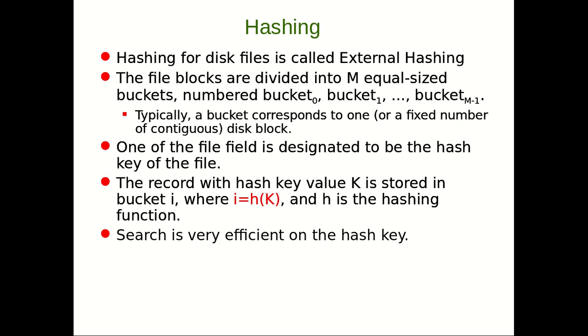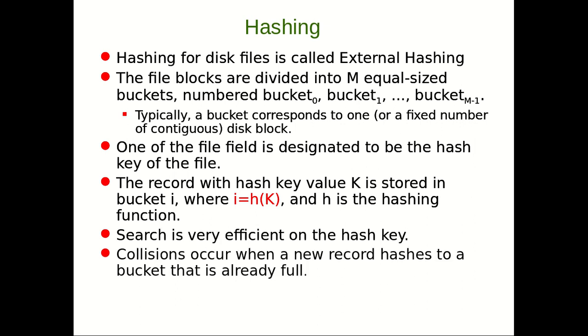There is an issue. Collision occurs when a new record hashes to a bucket that is already full. A bucket contains a number of disk blocks. When a record hashes to the same bucket, if there is space it can be appended there. Therefore, within that bucket only a search needs to be performed.